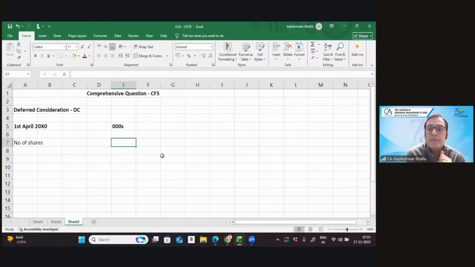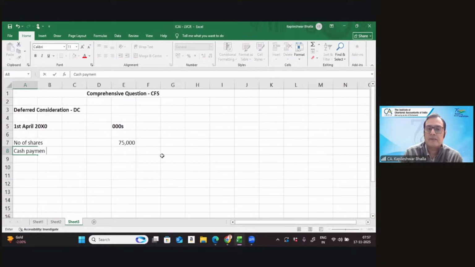So 75 million shares in terms of thousands would be 75,000. So we are required to make a cash payment, and it says $1 per share. So the total cash payment in this case is going to be 75,000.